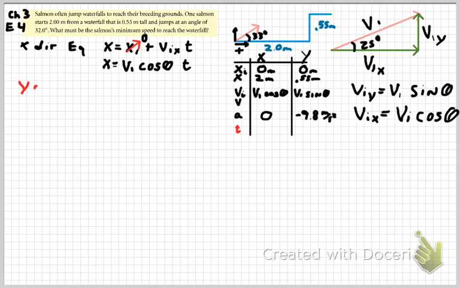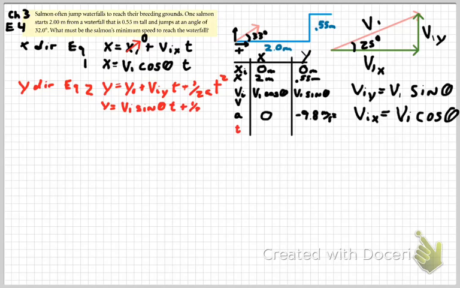In the y direction, y equals y initial plus v_iy t plus 1/2 a t squared. Y naught is 0, v_iy is v_i sine theta, and we get a long equation. Now we have two equations, and we do not know V initial and time.